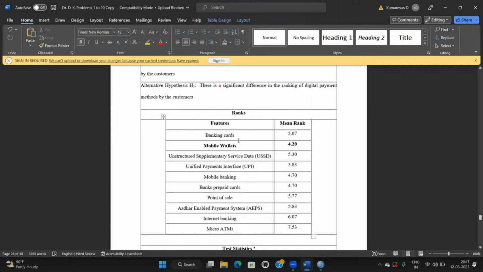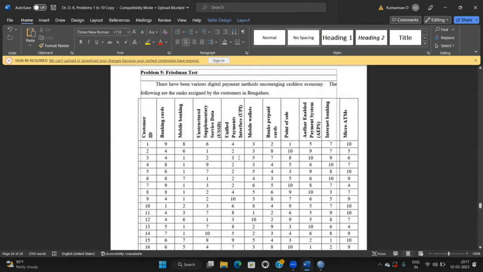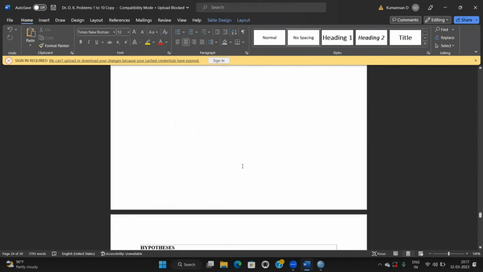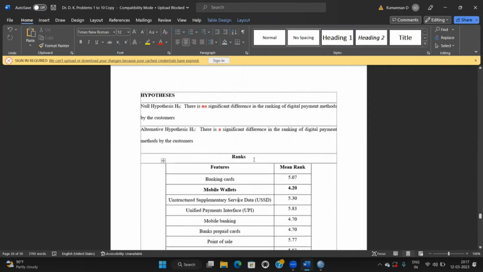So banking cards, mobile wallets, USSD, UPI, mobile banking, bank prepaid cards, point of sale, Aadhaar enabled payment system, internet banking.